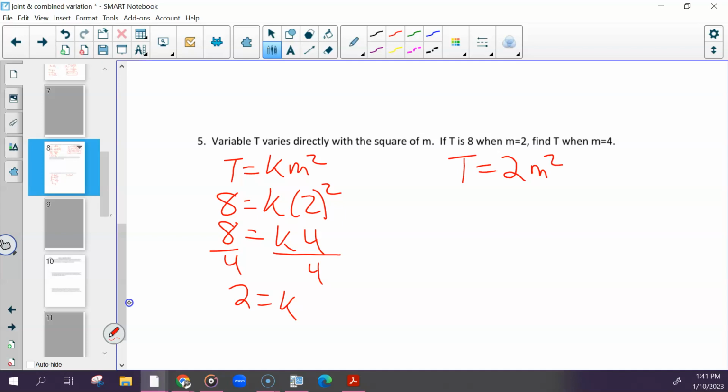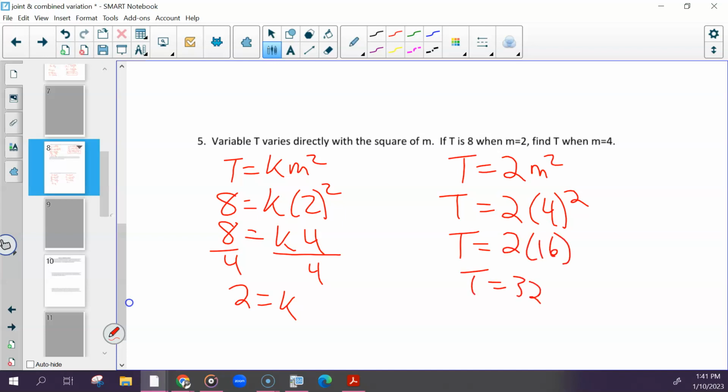And then it asks us to find t when m is 4. What would your t value be? Because 4 squared would give us 16, and t would give us 32.